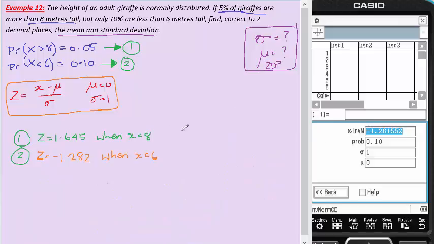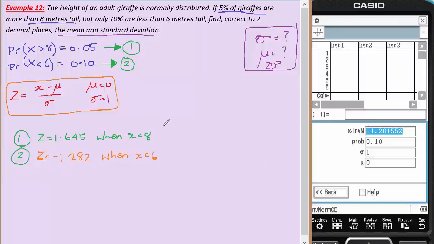You might be able to see what's going to happen now. We're going to use these two pieces of information and this equation to make a set of simultaneous equations. From my first one, when I substitute the values in, 1.645 equals x, which is 8, minus the mean over the standard deviation.